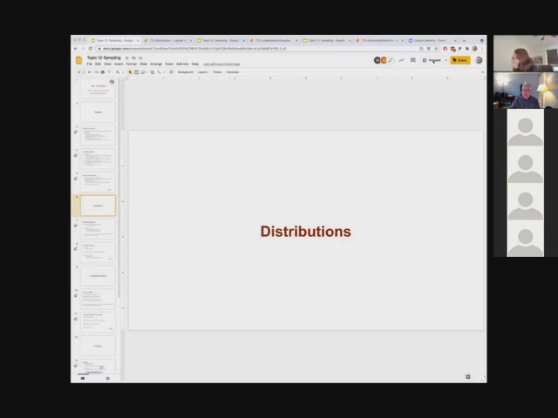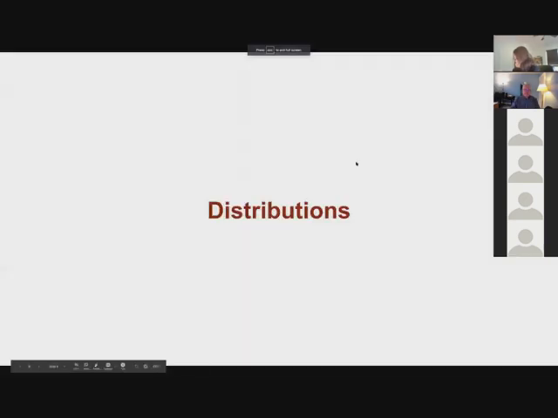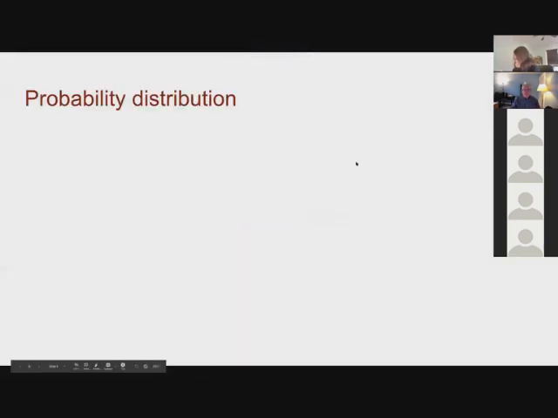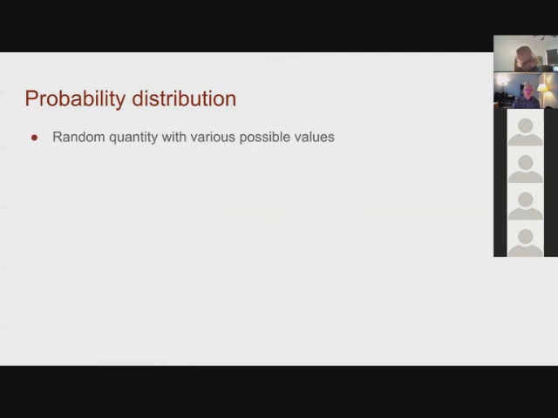Okay, so now that we know how to sample, we can start thinking about distributions. And so what's a distribution? We're going to talk about probability distributions. That is some random quantity that's going to take on a range of various values associated with it.